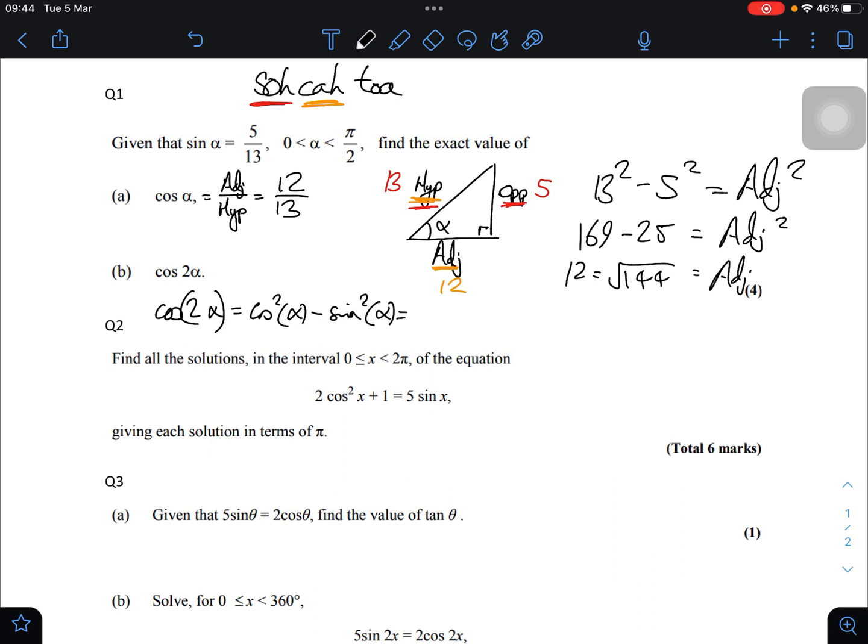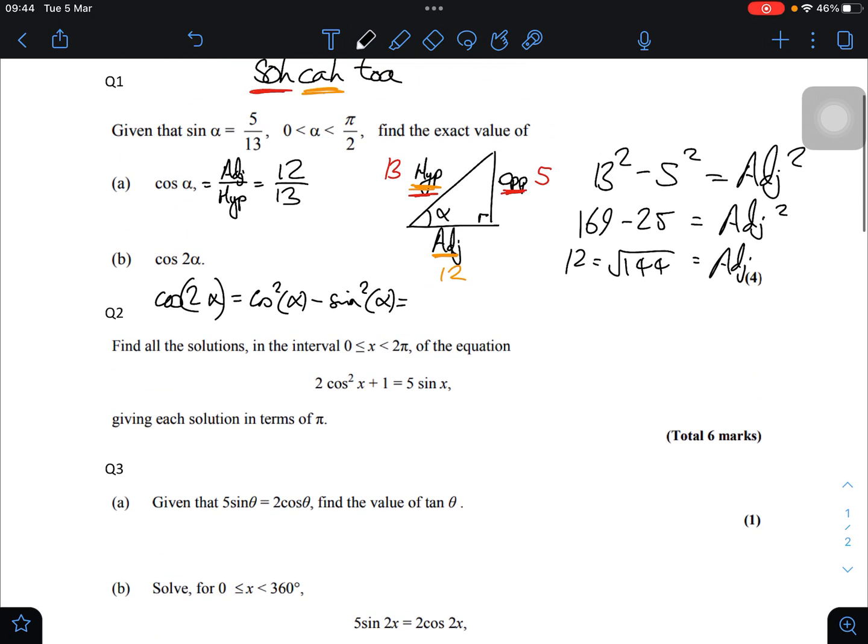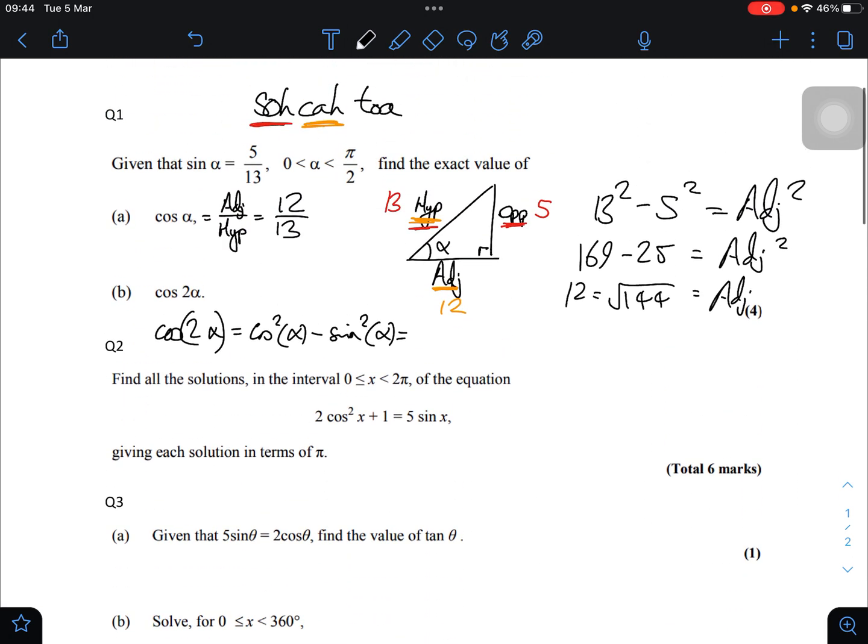Well, we know that cos of alpha is 12 over 13, and we know that sine of alpha is 5 over 13. What I might do actually is I might do 1 minus 2 sine squared alpha, also given to you. All I've done is I've switched this for 1 minus sine squared, and I've used that rule, and therefore I get 1 minus 2 sine squared.